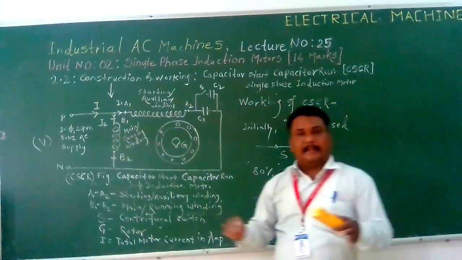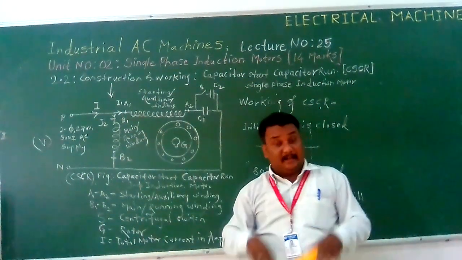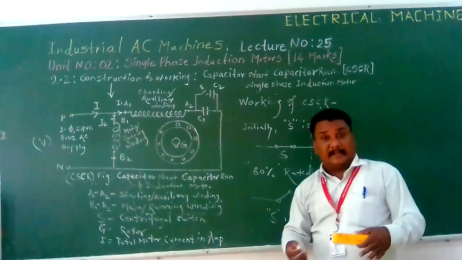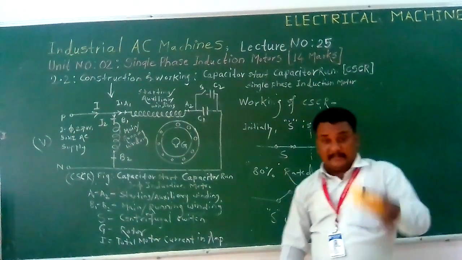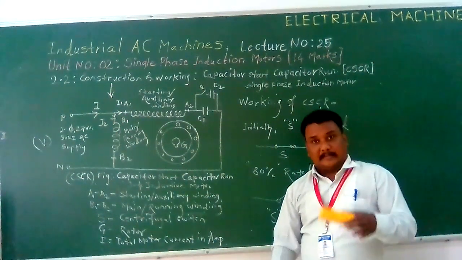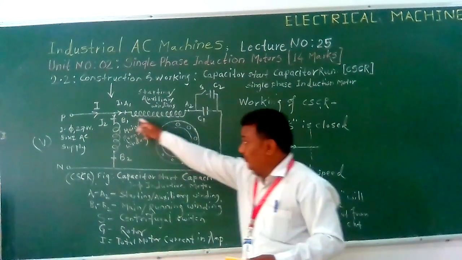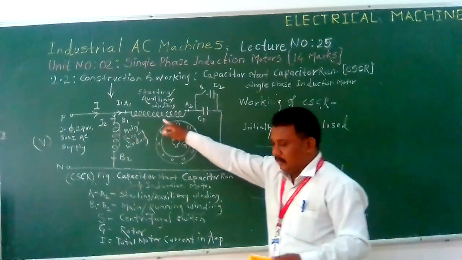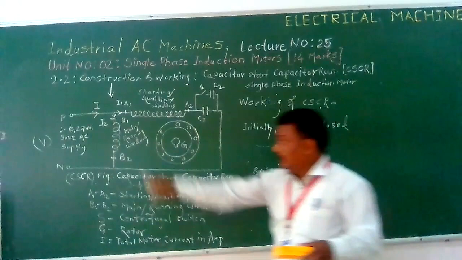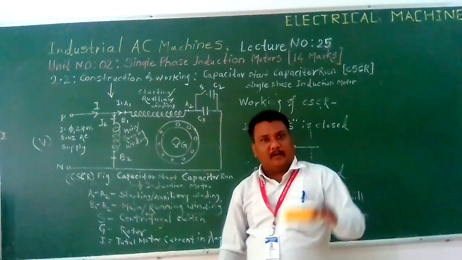Now here, both windings are present in the circuit and don't cut out. This nature is very useful because starting is done by the starting winding plus the C1 C2 parallel combination, and running is only by the main winding or running winding.